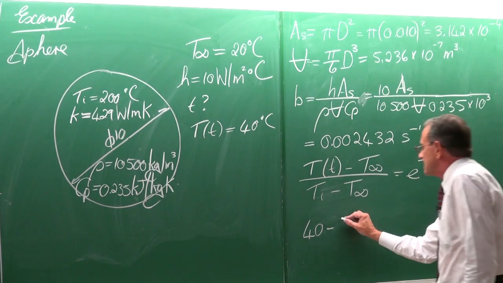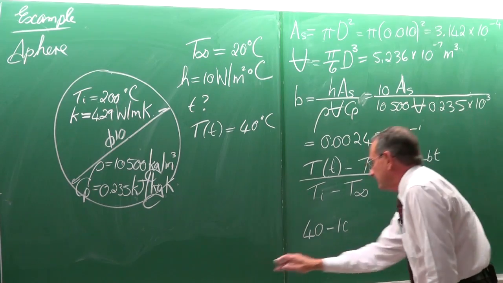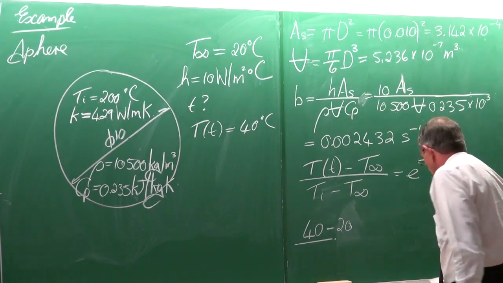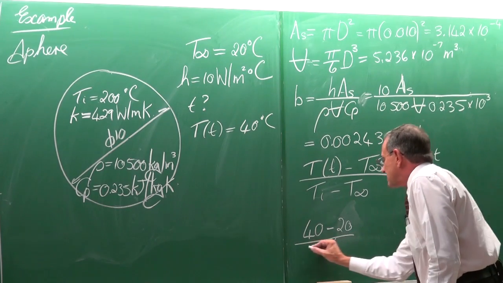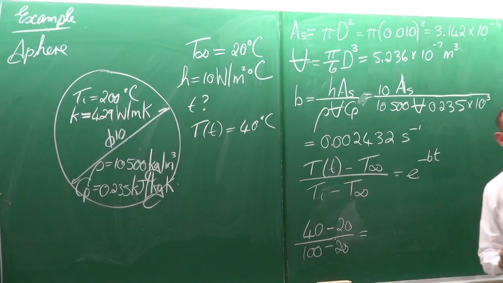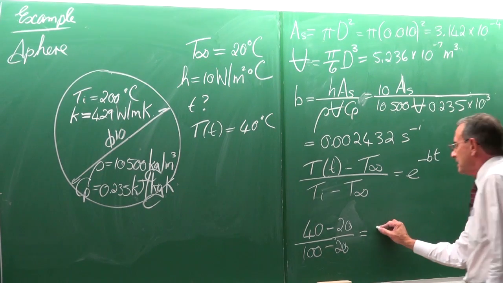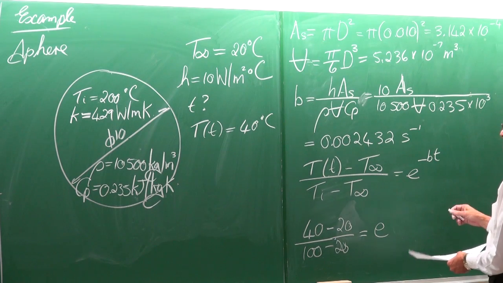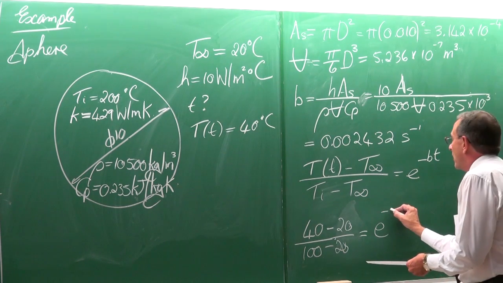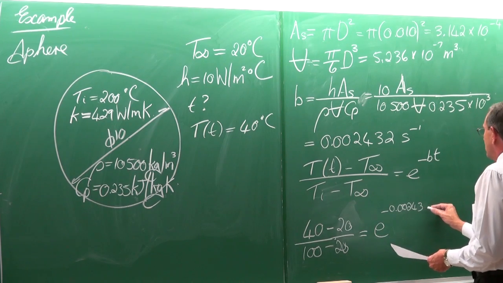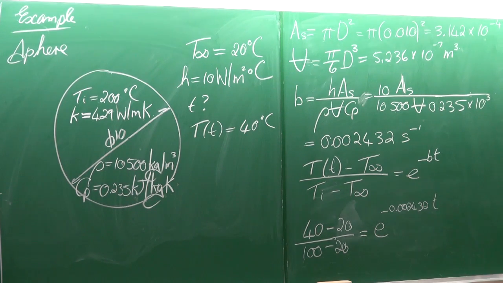T infinite is 20. The initial temperature is 100 minus 20, equal to e to the minus 0.00243 multiplied by T.